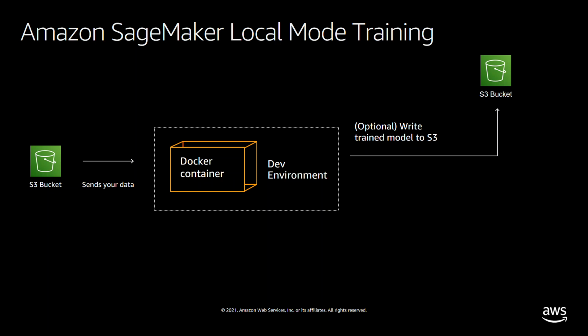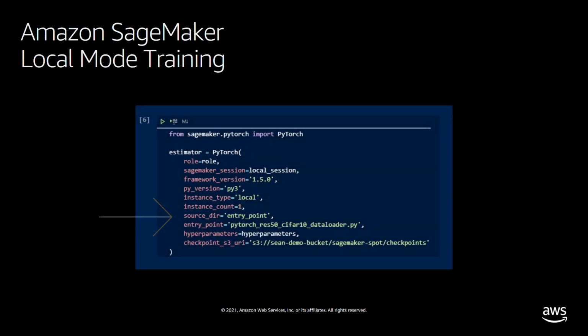So in my case, with this sample computer vision model, I make sure to test it locally and make sure it's successfully running and making a few steps within the training loop before progressing further. To show you how to implement this, I have a screenshot from my example notebook.